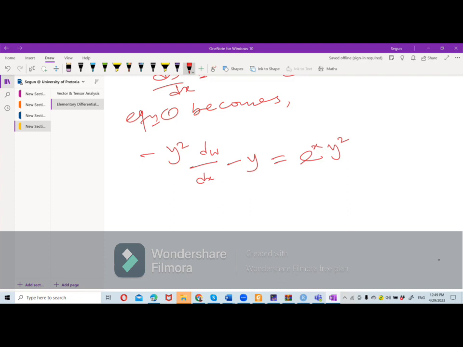So what do we need to do? We divide both sides by negative y squared.